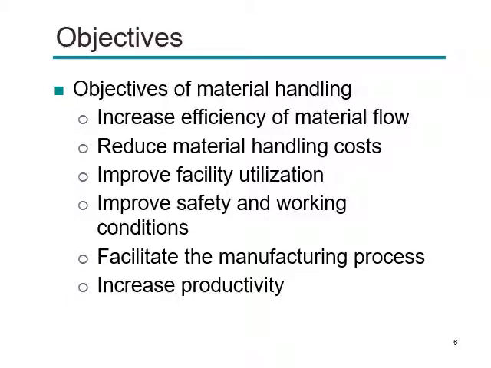One design may minimize the material handling cost, for example, but it's not as good as other alternatives in terms of safety and working conditions. Okay? So some of these objectives may conflict with each other.